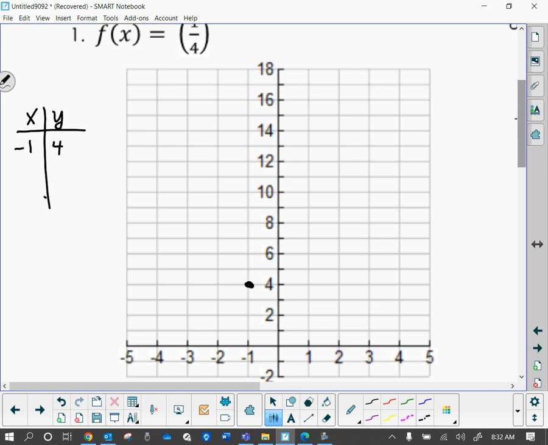What's next? 0, 1. What's another point? 1 and 1/4? Yeah. And then I got 2 and 1/16. That's just really close to 2. So we have 4 points. We can make a curve with this. I'm going to do my best.